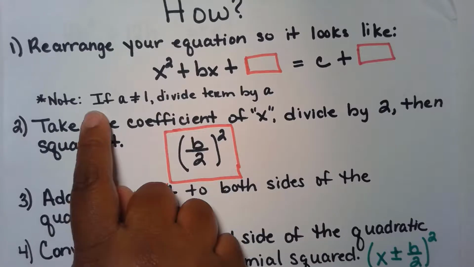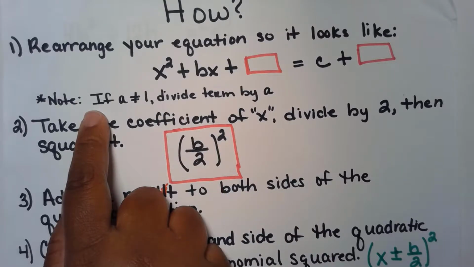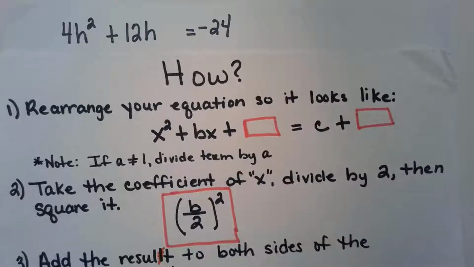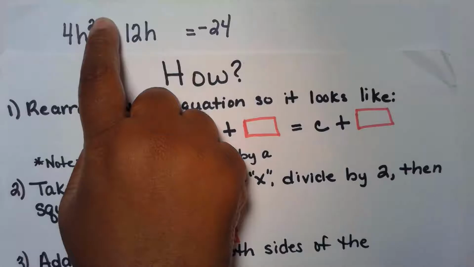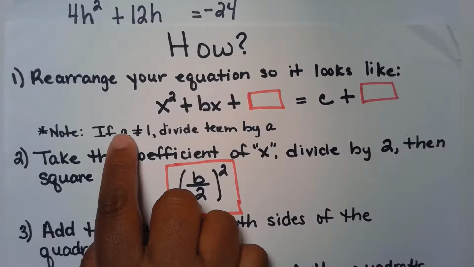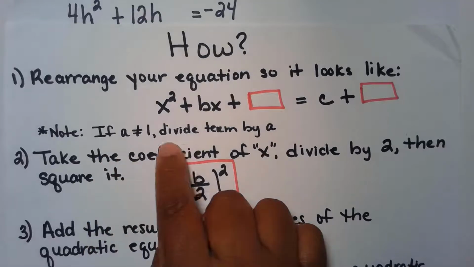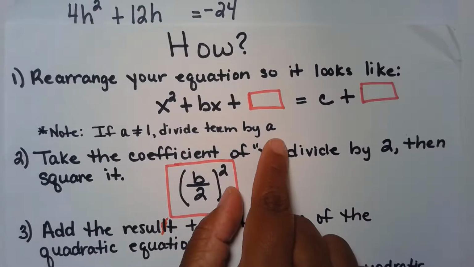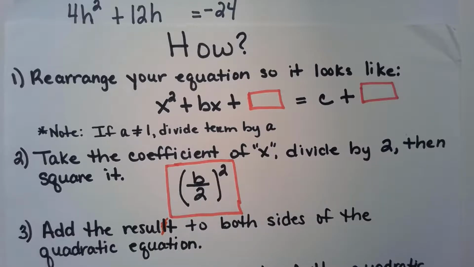But it says here, if the coefficient of our leading term, the h squared, is not 1, we want to make it 1. And how do we do that? We're going to divide every term by the coefficient that's in front of the squared term.